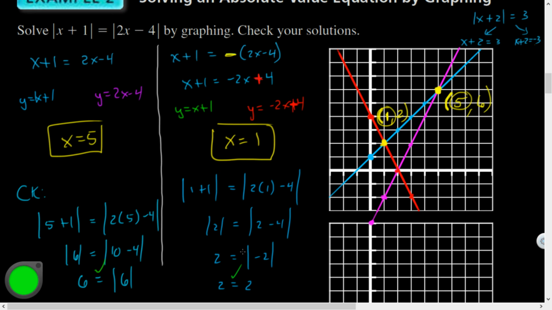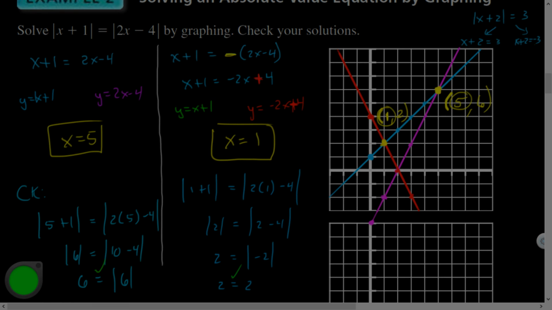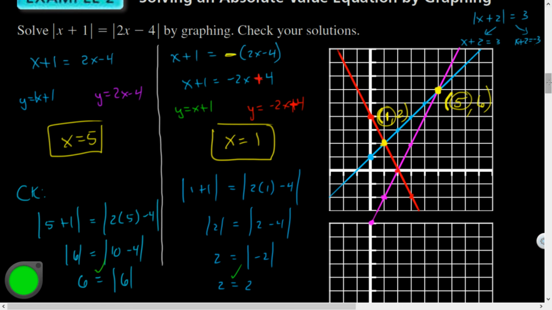Now, technically, we've seen how to graph absolute value equations, maybe we don't remember it. Let me look at the same problem.